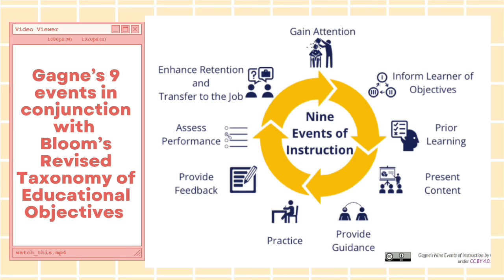The seventh step is to provide feedback. Provide immediate feedback on students' performance to assess and facilitate learning. Consider using group or class level feedback. The eighth step is to assess performance.